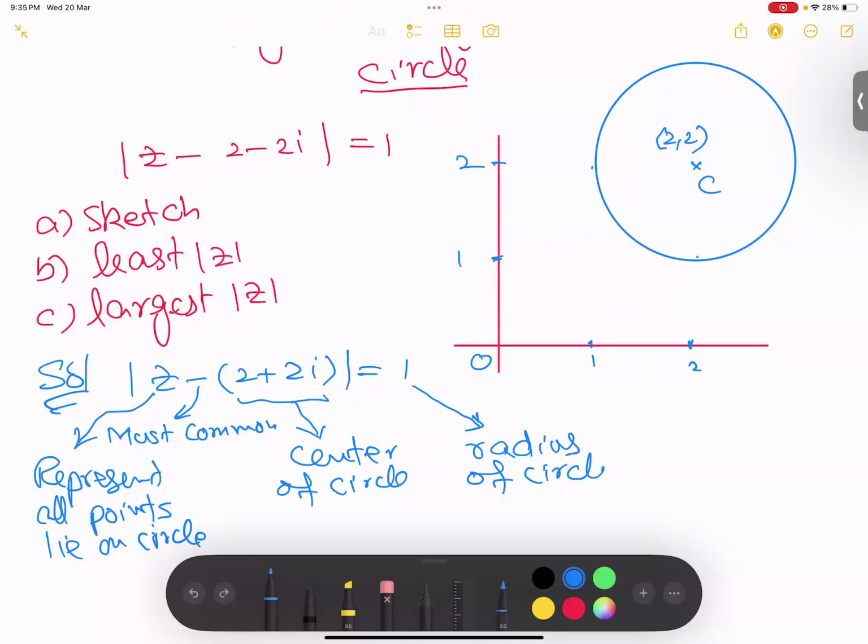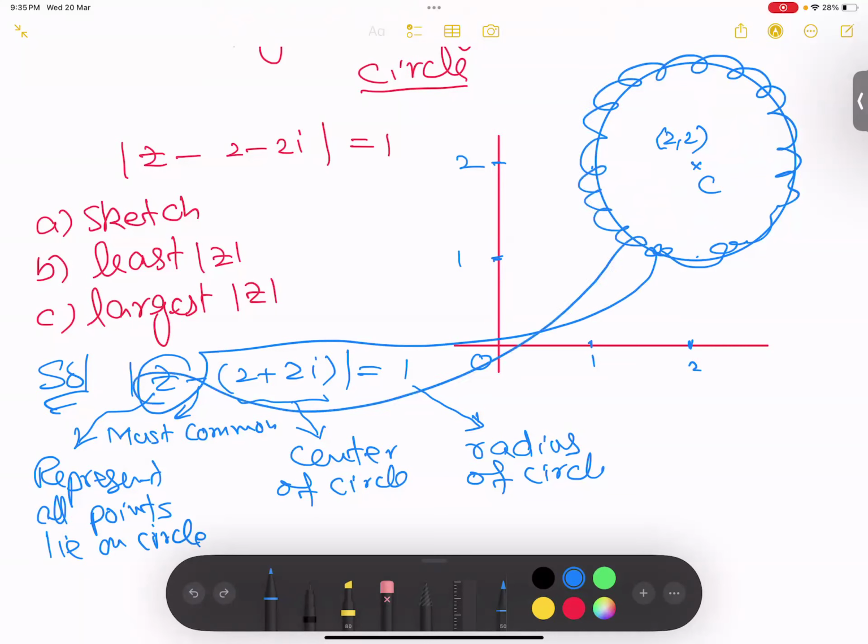So now this circle represents this equation. Let's elaborate once again. 2, 2 is the center of the circle. This 1 is the radius of the circle, which you can see, all are 1. And z represents millions of points that lie on the circle. Every point is represented by z.